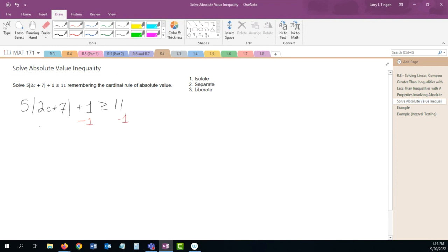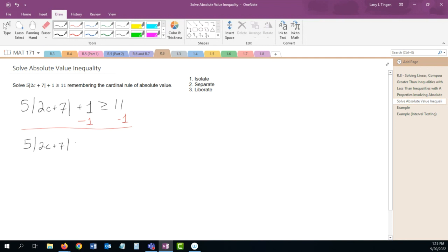So I'm going to get rid of the 1 first. The reason is if I tried to divide by 5 first, I would have to divide this 1 by 5, which means I would have the absolute value of 2c plus 7 plus 1/5, and then subtract the 1/5. We don't like fractions, or students don't typically like fractions. So that's why we get rid of the 1 first.